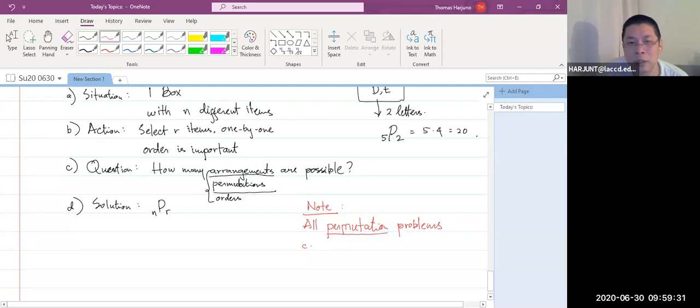Can be done using the counting principle method.